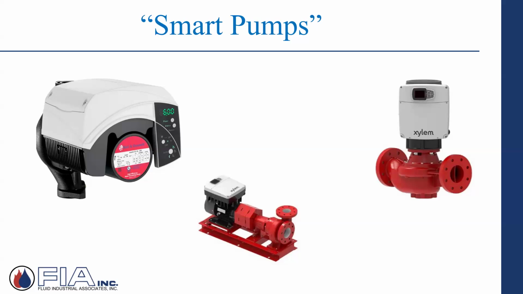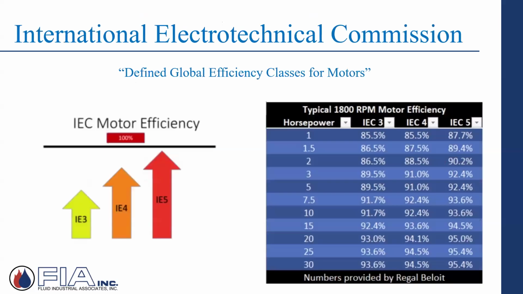They're showing a couple of different models of inline pumps, and some traditional base-mounted pumps that now have some pretty good intelligence right on board, not doing the remote wall-mounted, and even some of our vertical inline pumps that will have this intelligence on board.